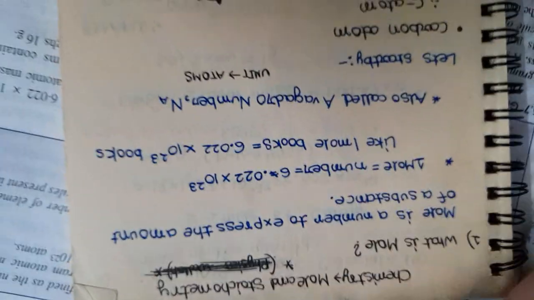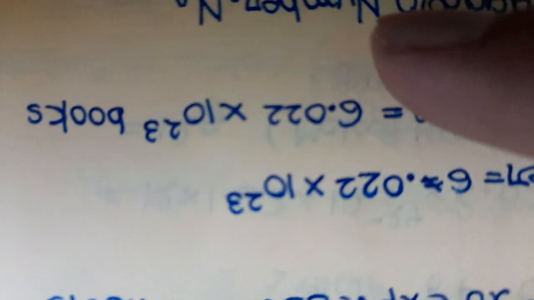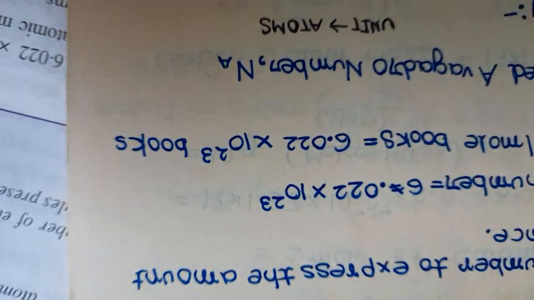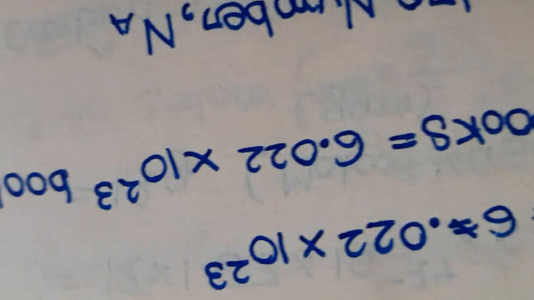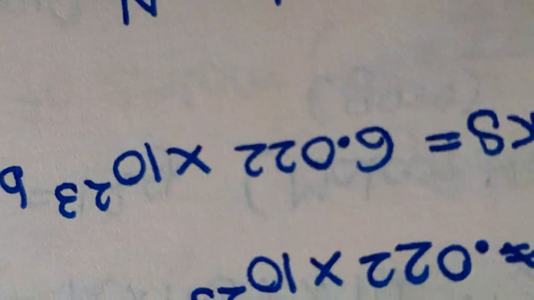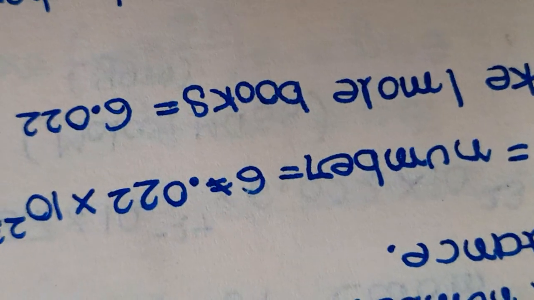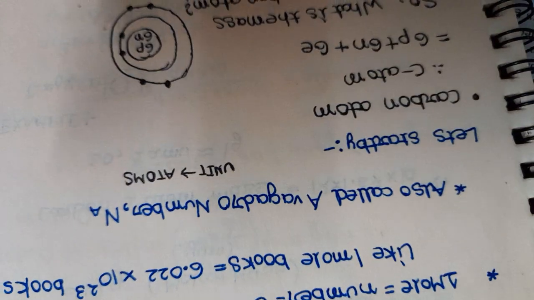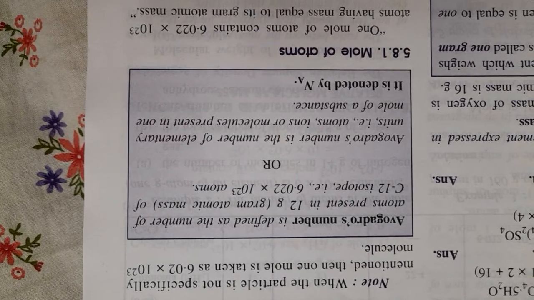If I say 1 mole of books, it means this is the number of books I'm talking about, which is actually not possible. It is also called Avogadro's number. If you see Selina's book, you can see the definition for Avogadro's number. Read through.